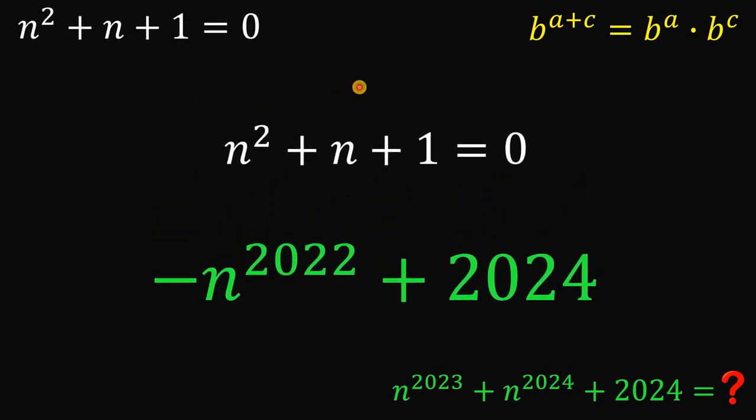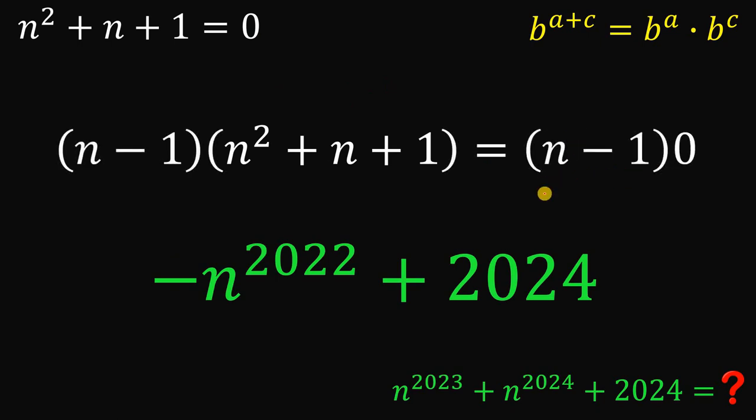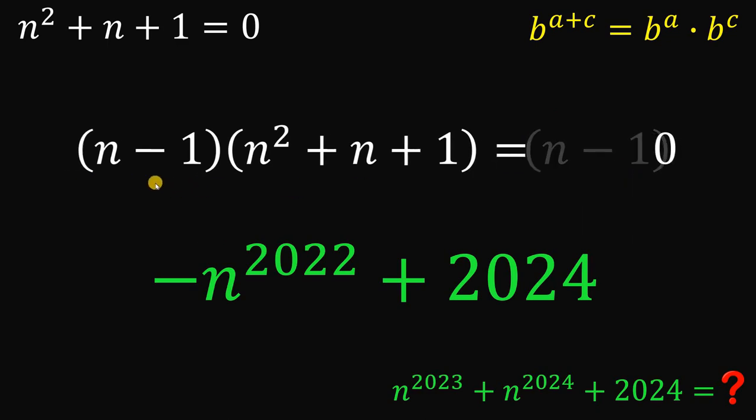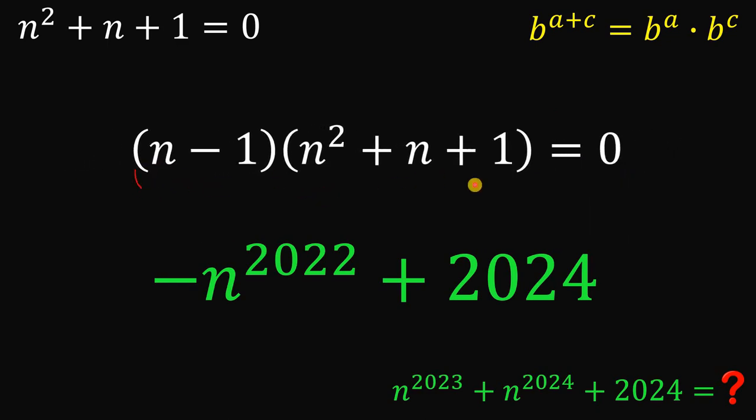Now, we know that n is not equal to 1 because if we plug in 1 in this equation, this is not equal to 0. So, let's multiply both sides by n minus 1, because we know n minus 1 is not equal to 0. On the right-hand side, n minus 1 times 0 will give us 0. And on the left-hand side, we will use this identity.